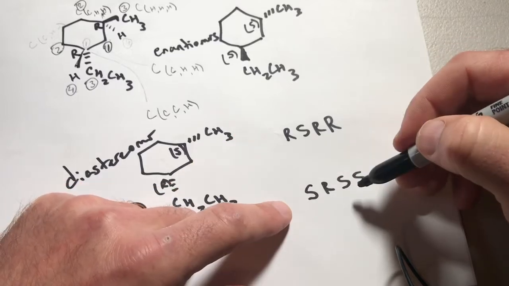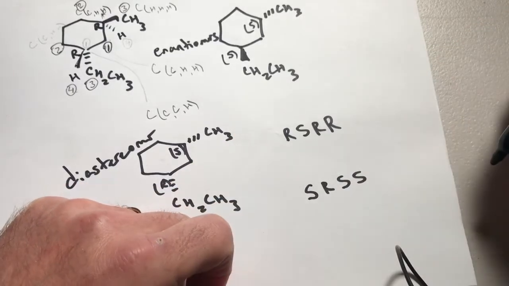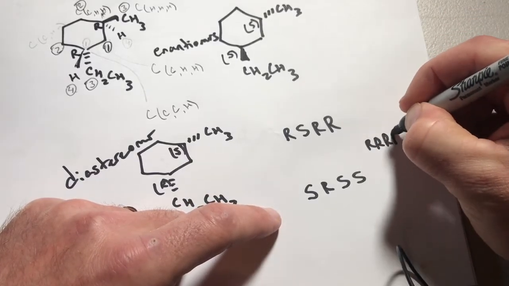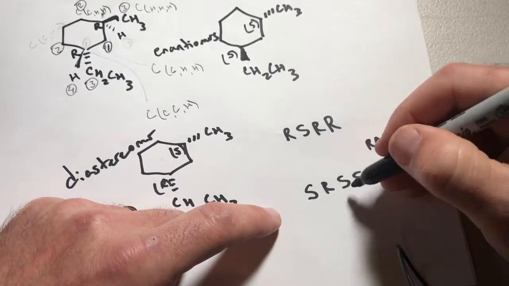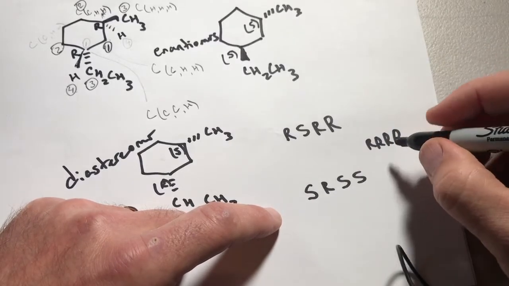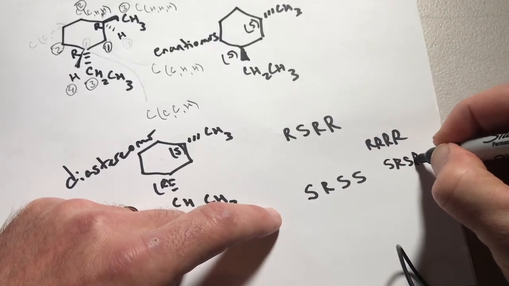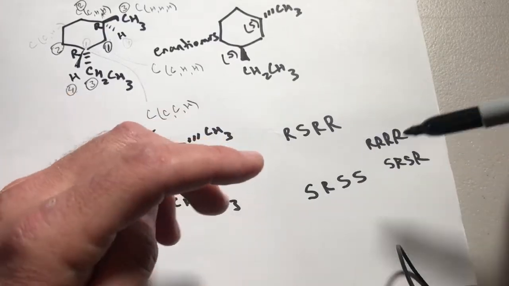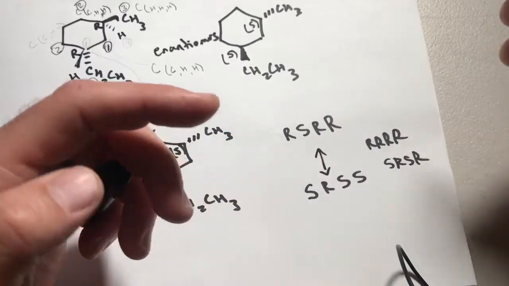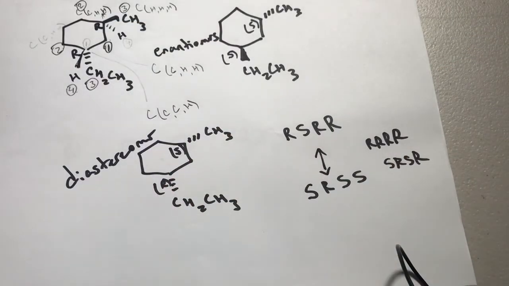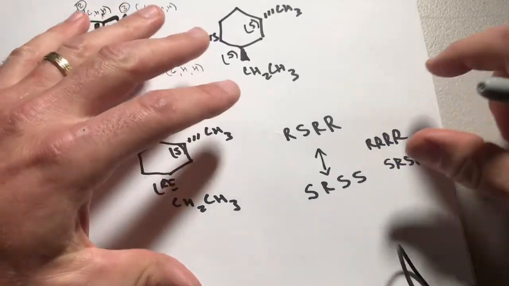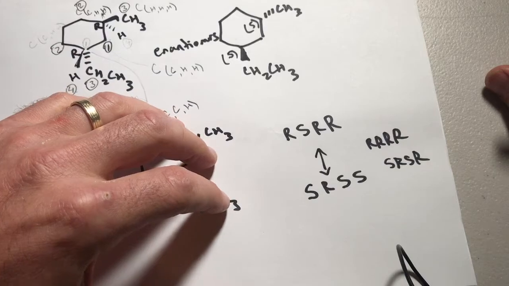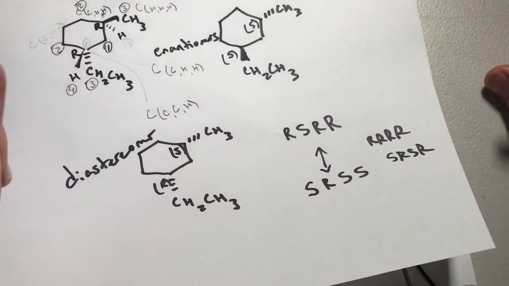Those two are enantiomers, but absolutely any other permutation combination is going to be a diastereomer. So like, for instance, R, R, R, R is a diastereomer of these two, right? S, R, S, R, right? That would be a diastereomer of these two. So there's that kind of special relationship that exists between enantiomers, and diastereomers are just kind of they have to be included as another part of the party.